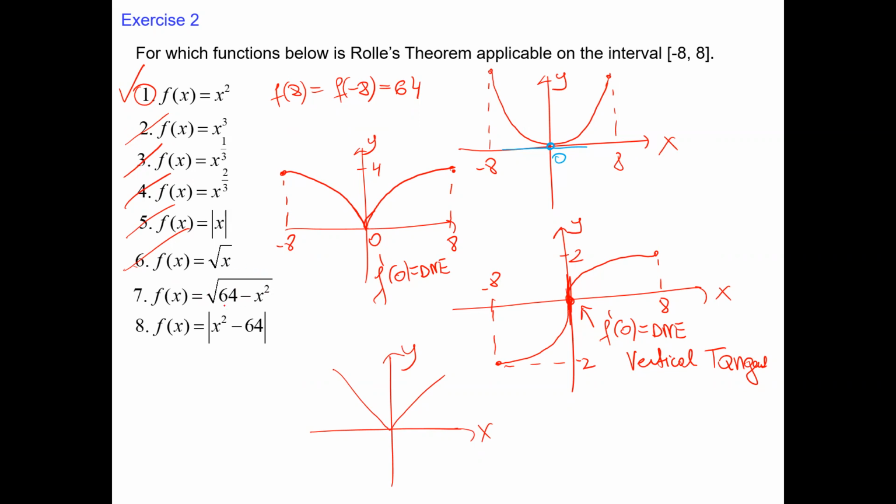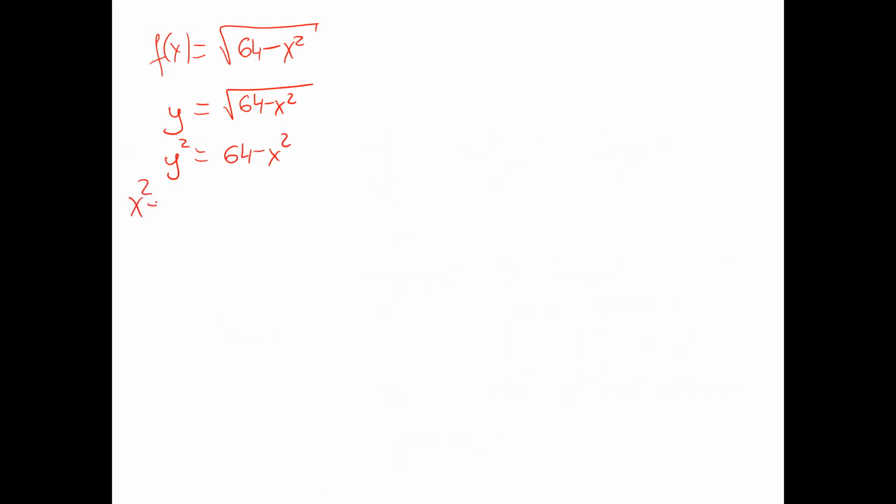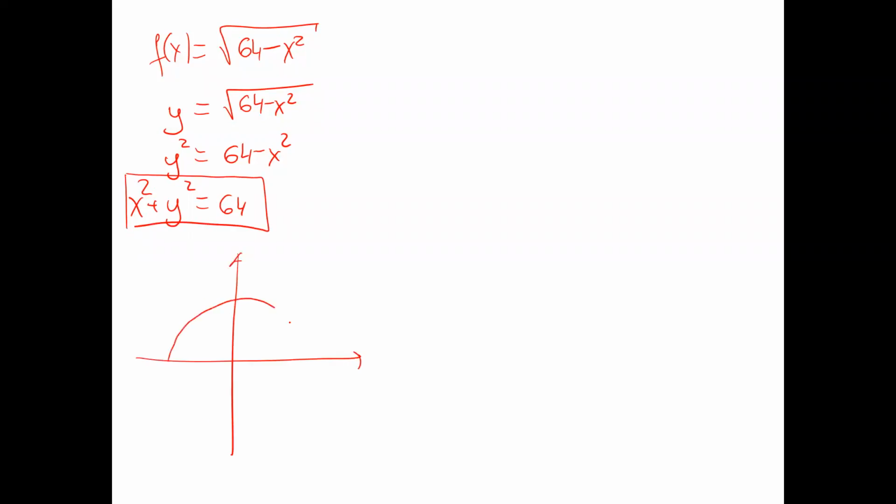I hope we can recognize this function as the upper part of a circle. Let me write this. If I rewrite this, let's square both sides and add x squared to both sides. Now we all recognize this is the equation of the circle, but this is the equation of the entire circle.